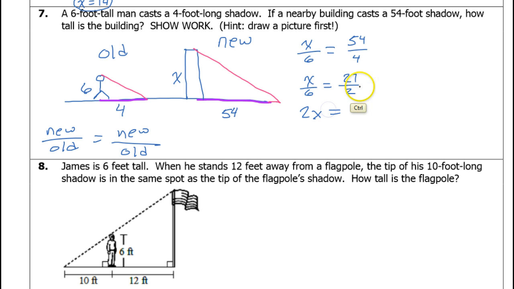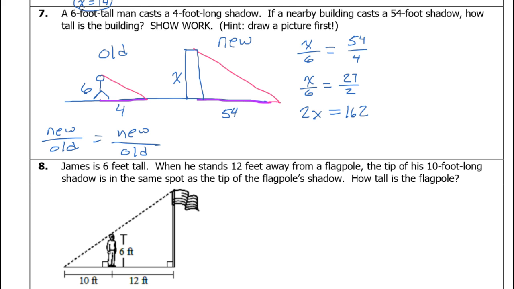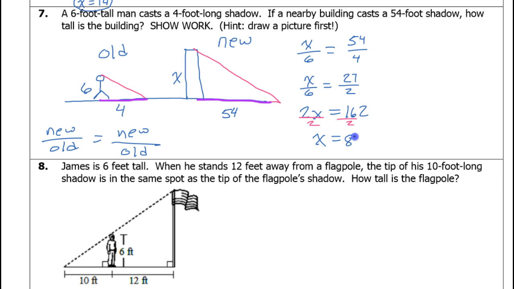I will get 2x from that diagonal, and then 6 times 27, which is 162. Then I need to divide both sides by 2. So that's 81. So that means that our building is 81 feet tall.